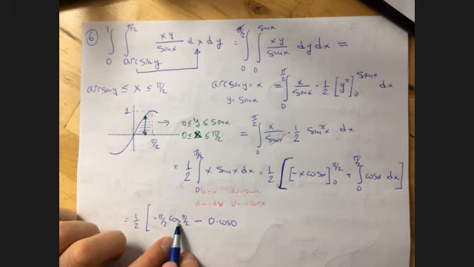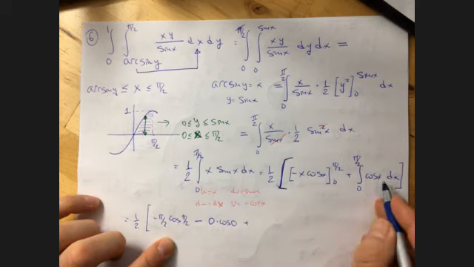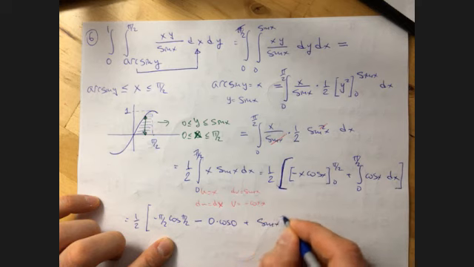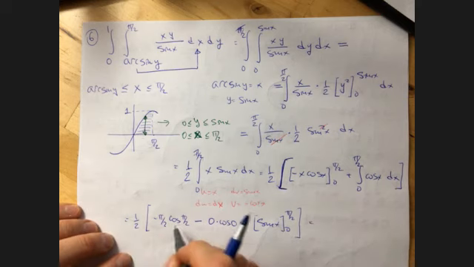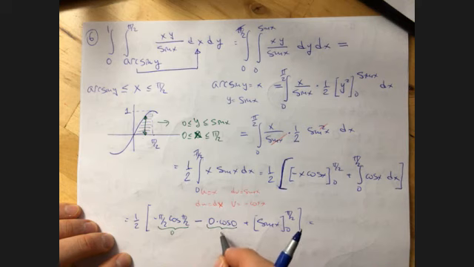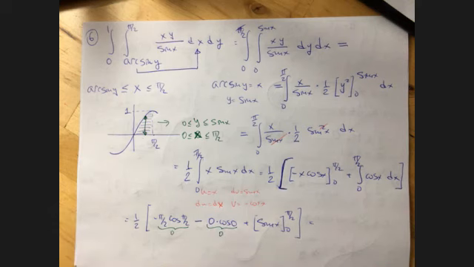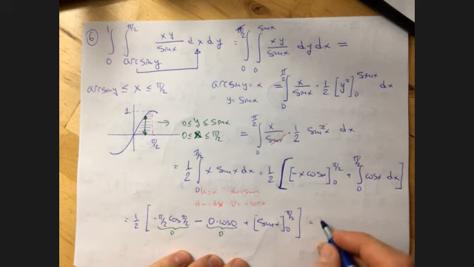Plus the integral of cosine of x is sine of x evaluated from 0 to pi over 2. So as I said, cosine of pi over 2 is 0, which makes this whole thing 0. 0 times cosine of 0, which is 1, is 0. Finally, I have sine of pi over 2, which is 1. 1/2 times 1 is equal to 1/2.